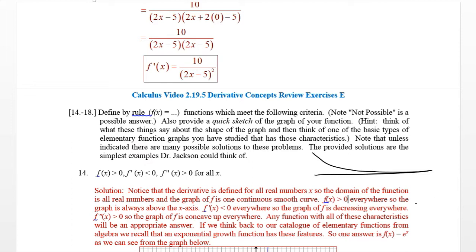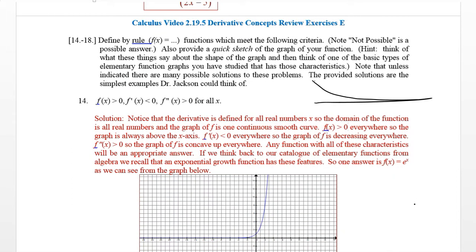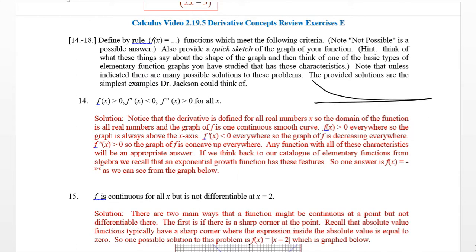Well, one answer is e to the minus x. Okay, and this should say e to the minus x would have that property, and that's not what we have graphed here, so we have e to the x graph there. Let's get the right graph here.